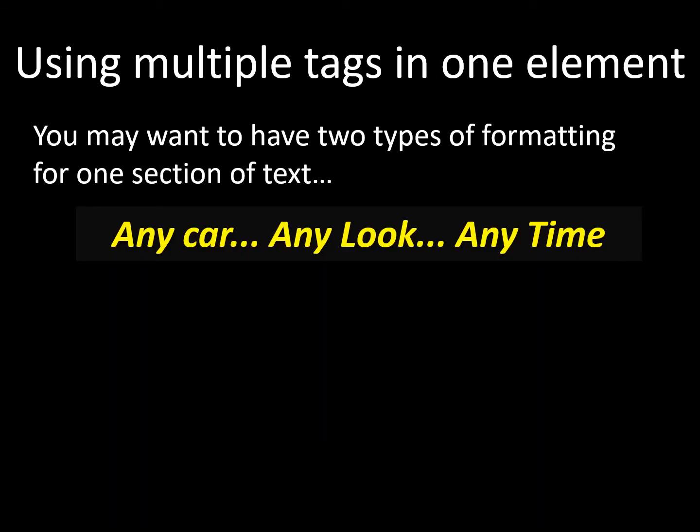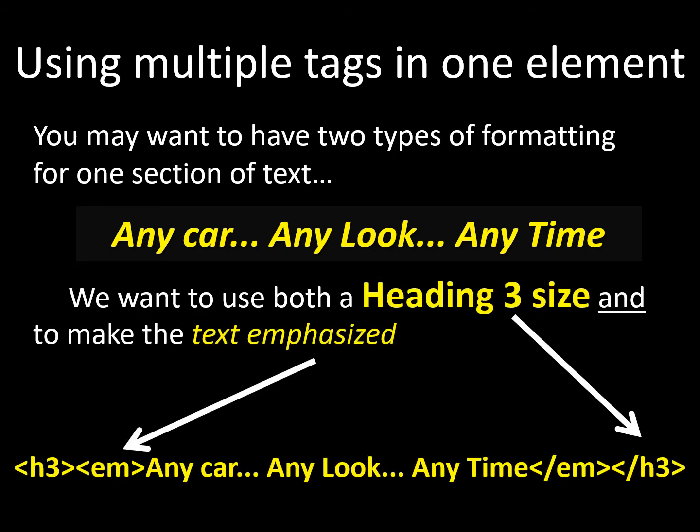One thing that you can do is you can use multiple tags on one element. So for example, if you want to have two different types of formatting on one piece of text, you can have two sets of tags. For example, this text, any car, any look, any time, is a heading 3 style, but you also want it to be emphasized or italicized.